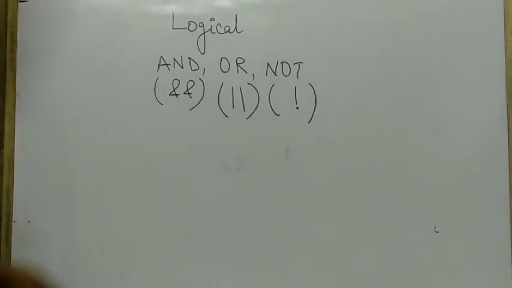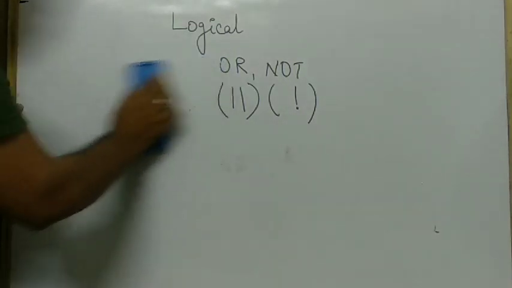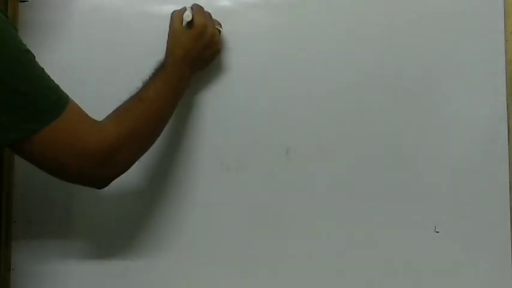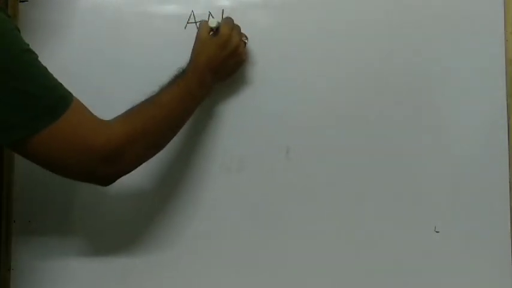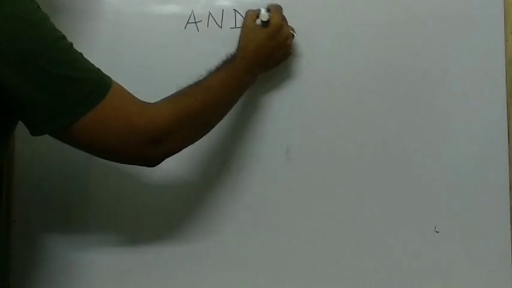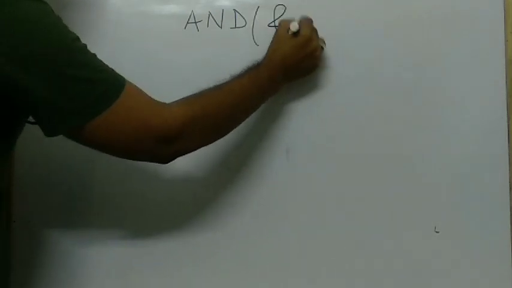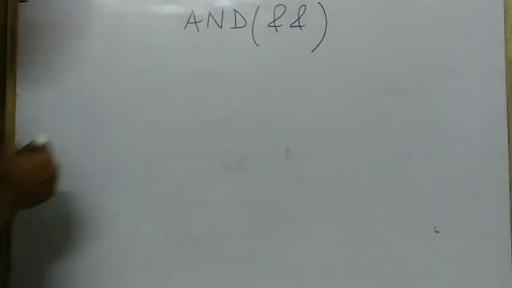Let's discuss the AND operator. The symbol of this is double ampersand.